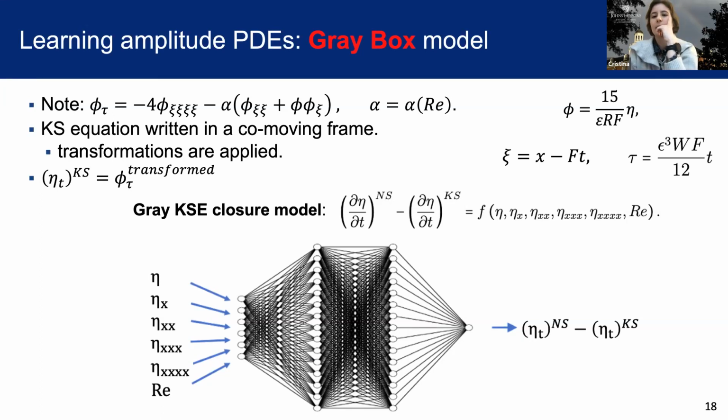So remember, beyond the second bifurcation point. In this case, the inputs are the same, but the output of the neural network is the difference between the Navier-Stokes time derivative and the KS time derivative. This approach can be thought of then as a residual neural network.